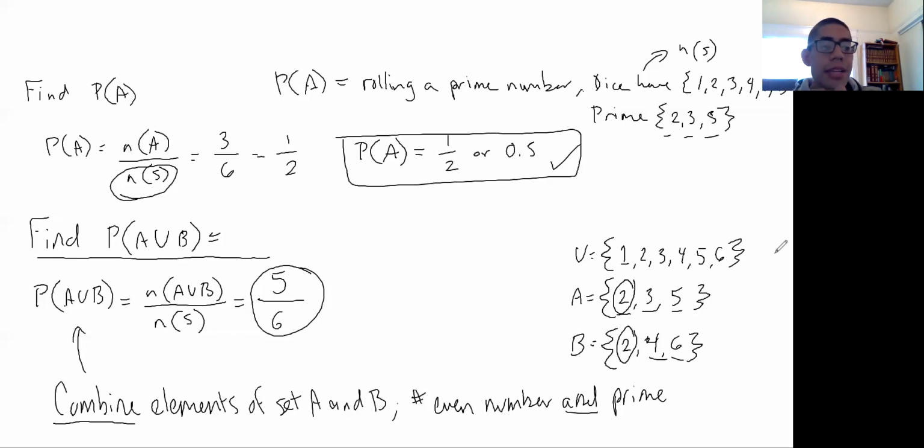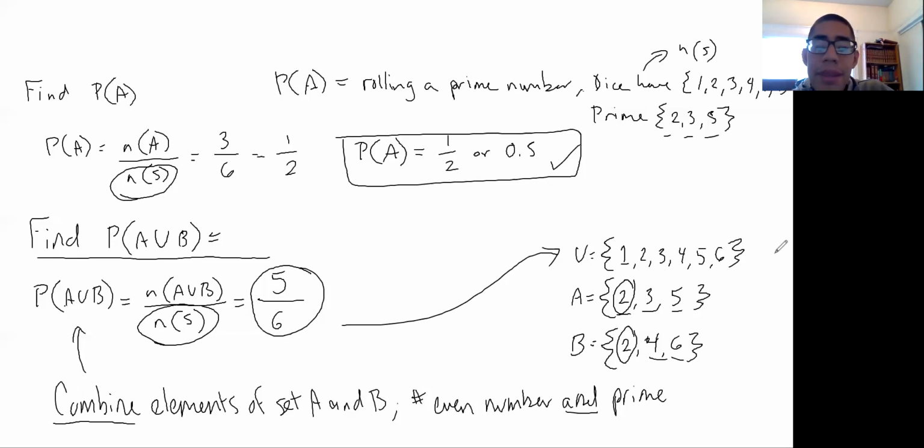So the numbers inside of the combined elements over the total numbers possible. Now, if you notice, the total number possible when I roll a dice is 6. So 6 is my denominator. Now, if you look on the right here, I have U, A, B, and then I have all the sets. U is all the numbers possible, right? So this is this.